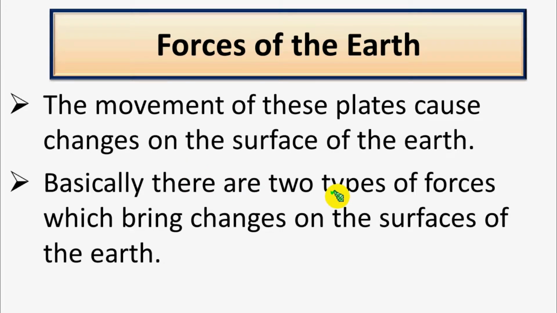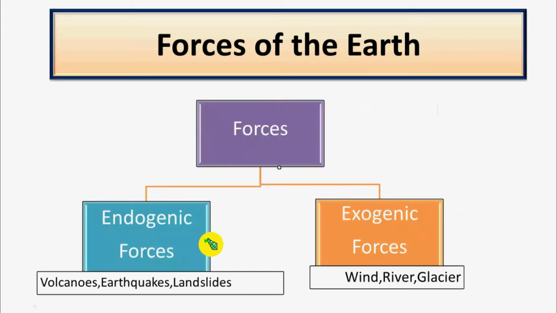Basically, dear students, there are two types of forces which bring changes on the surface of the earth. Which forces are these? Let's see. These forces are the endogenic forces and the exogenic forces.